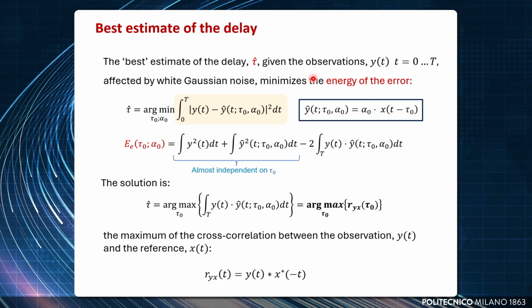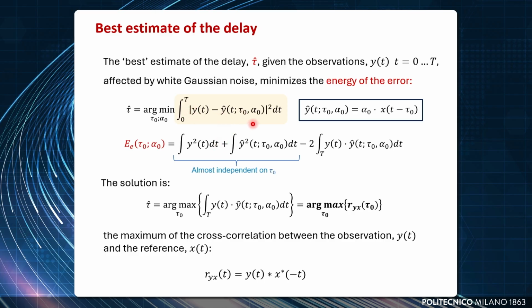Well, without introducing the complete statistics, I can say that the solution in probabilistic terms is that tau 0 and alpha 0 are the parameters that minimize the energy of the error. That means the energy of the distance between the observed signal and its model.